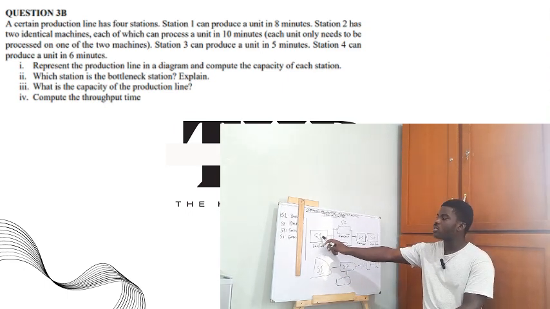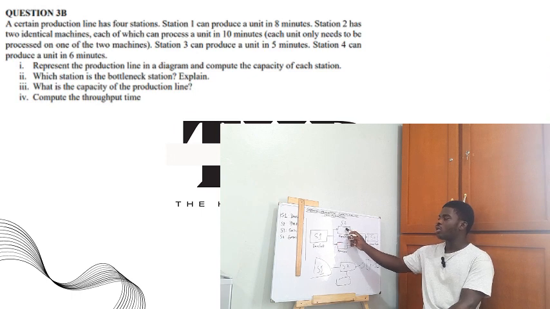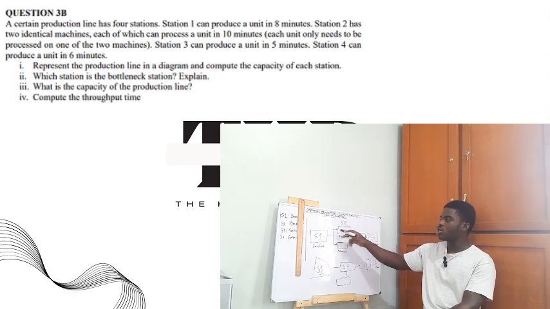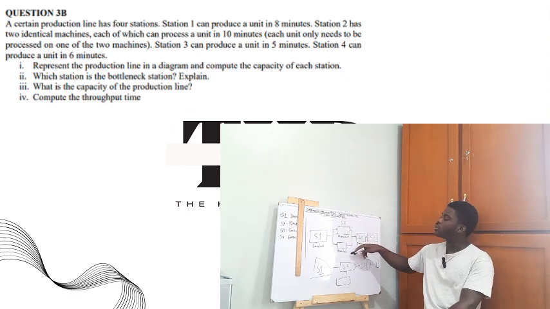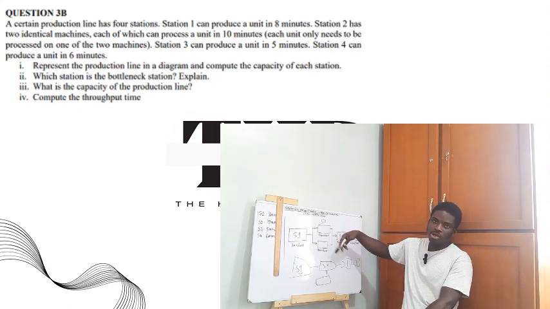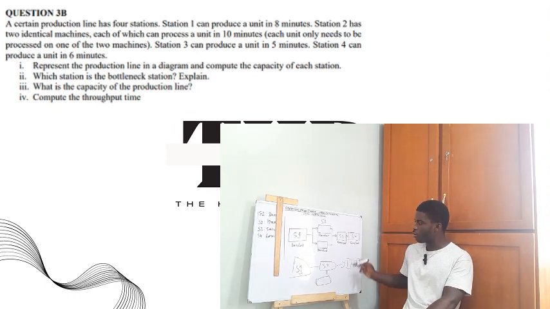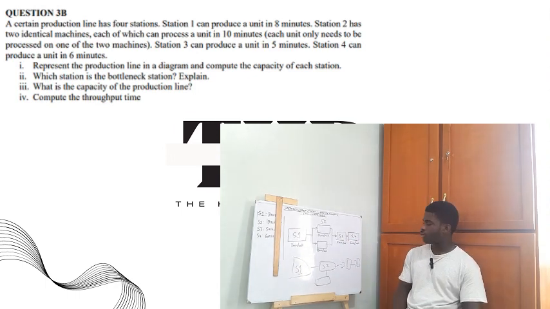But this is stating clearly that when you leave station one, you will go here, to any of them. Two identical machines, so you can either go here or go here. You spend 10 minutes that way.